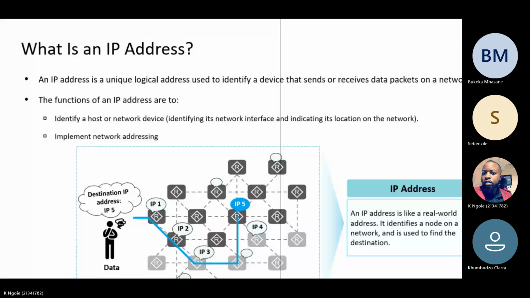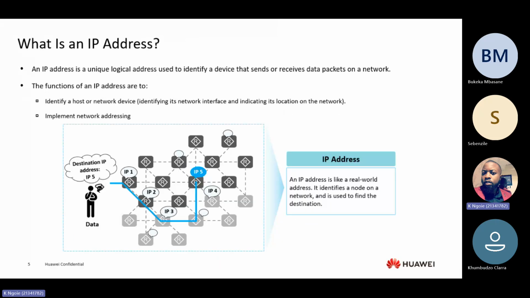So when we have 255, it means every digit of that number in binary is 1. So that was the broadcast address.